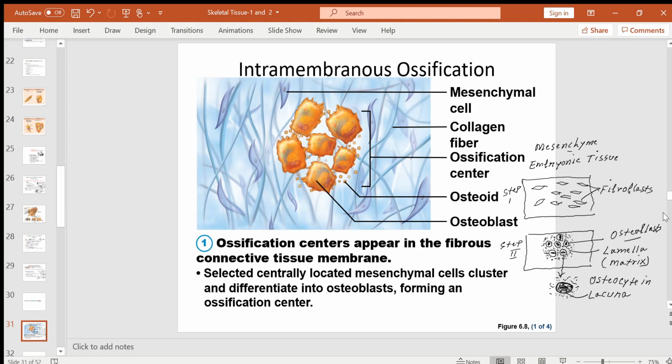They will produce fibroblasts, and fibroblasts will be converted to osteoblasts, and osteoblasts will secrete the matrix, which is in liquid form first, and will become hard to form the lamella, hard matrix of the bone, and then osteoblasts will get mature and will get smaller in size. So a space will be created between the hard matrix and the osteocytes, and that is the lacunae.